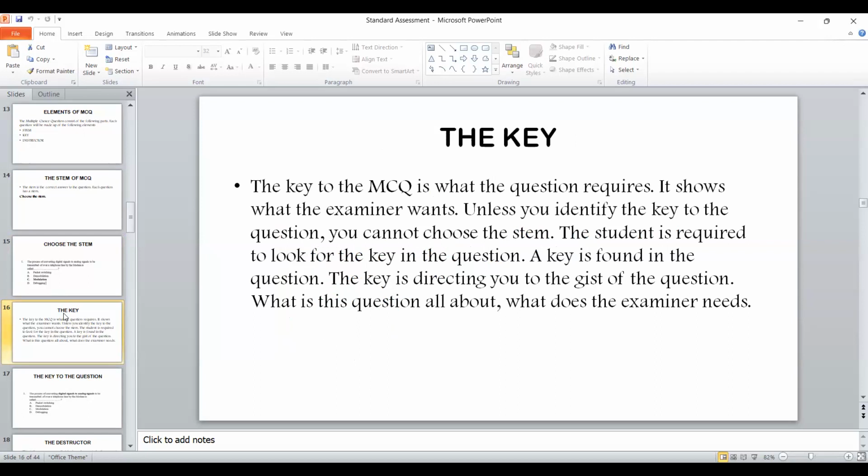Then what is the key? This is all about the learner now. The learner must be able to read and understand the question. You must make sure that the learner is going to interpret the question. The key is intended to direct the learner in finding out what the question is all about.